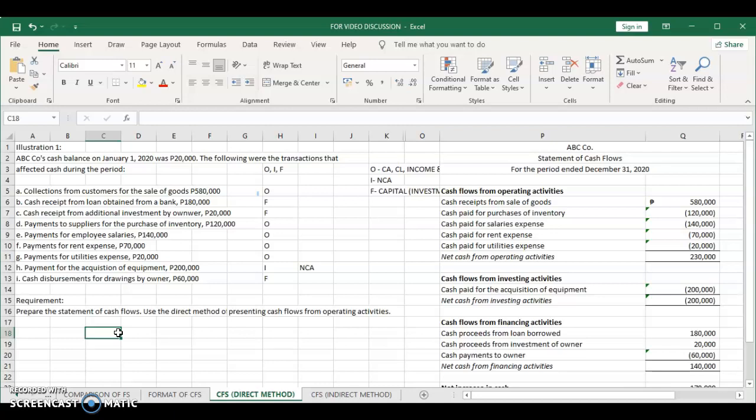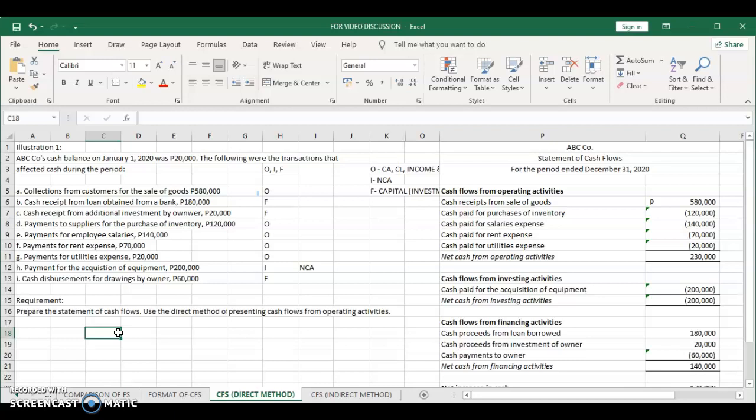Let's have the illustration. Number one, MBC company's cash balance on January 1, 2020 was 20,000. The following were the transactions that affected cash during the period. Letter A, collections from customers for the sale of goods, 580,000.